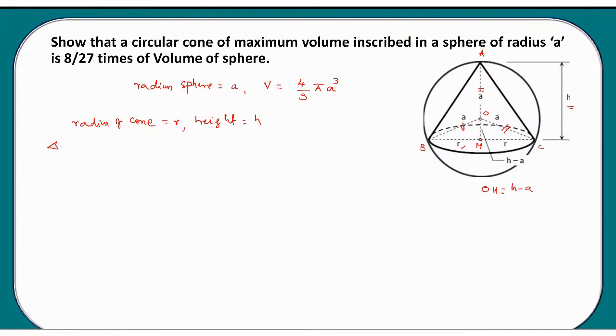In the triangle OBM, if you apply the Pythagoras theorem, OB square, that is A square, is equal to R square plus H minus A whole square.